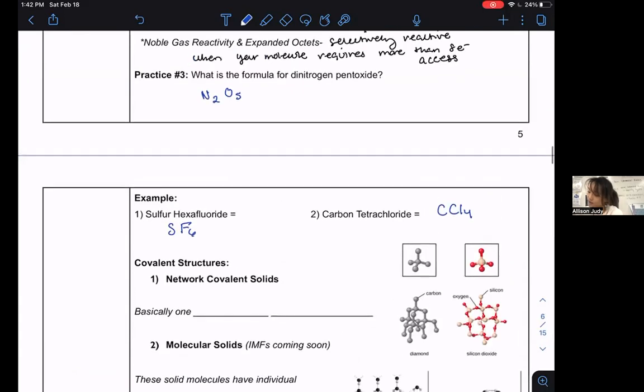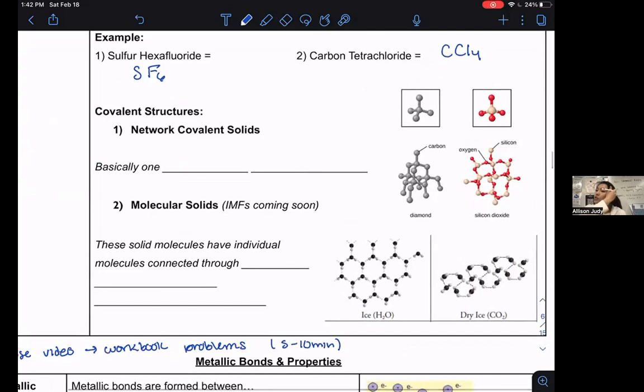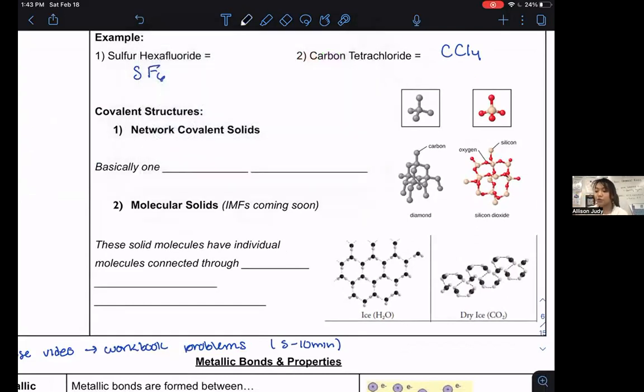Okay. So a couple notes about covalent compounds when they form solid structures. What we have is 2 types of structures that can come through covalent molecules, or sharing electron molecules. The first one is known as a network covalent solid, and it's basically one giant molecule, kind of like an ionic compound lattice structure. It's basically everybody sharing electrons.